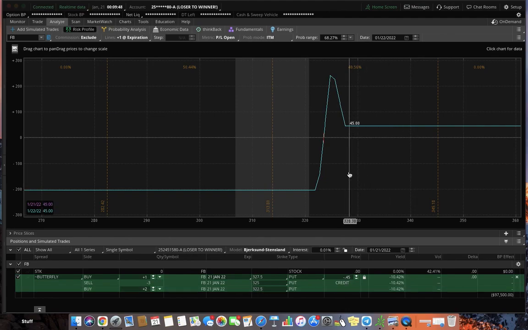So it gives me the $45 credit if it stays 325 or above. If it moves down just a little bit, I lose a little bit of money, but not too much.